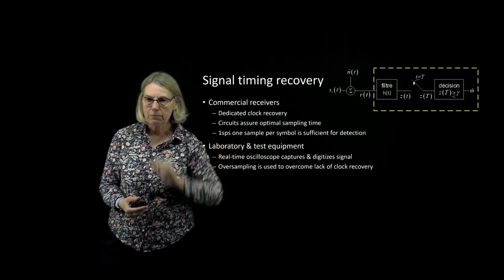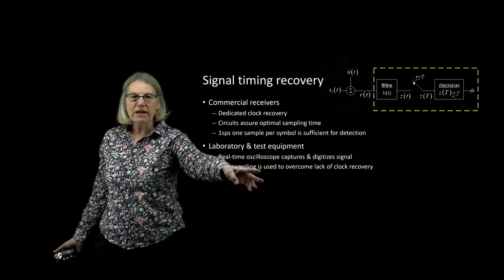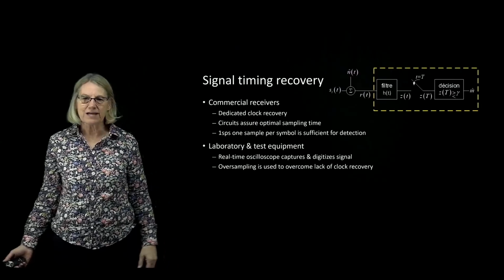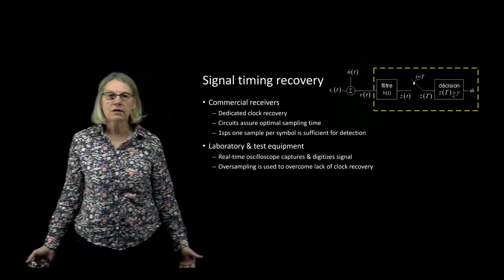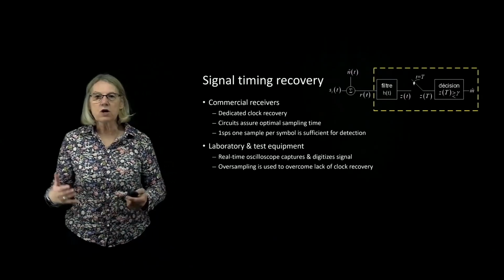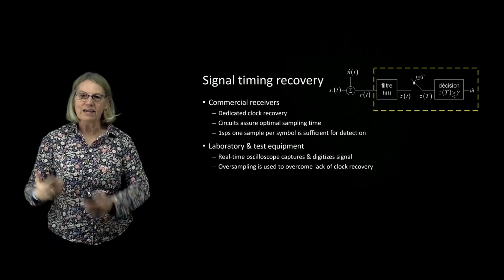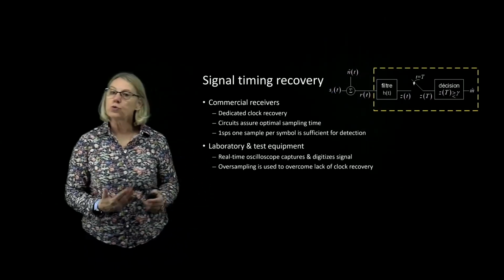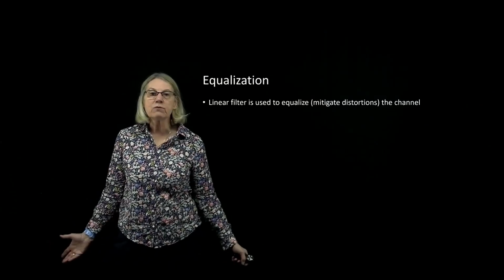I'm not going to use one sample per symbol, but I'm going to oversample to the extent that I can, depending on the speed of my transmission of my signal and the sampling speed of my real-time oscilloscope. But for sure, I'm going to need a couple samples per symbol in order to overcome the fact that I have no clock recovery system. And so for this scenario of signal timing recovery in a laboratory environment, the CMA is a great tool to be able to do this timing recovery.